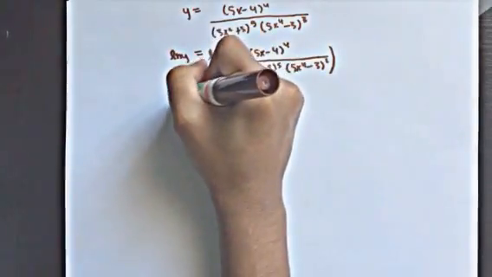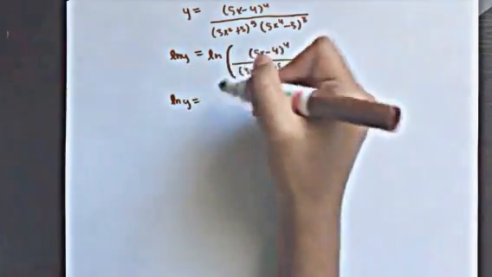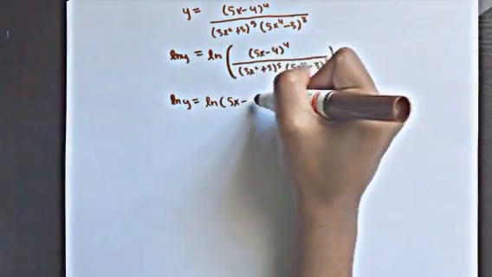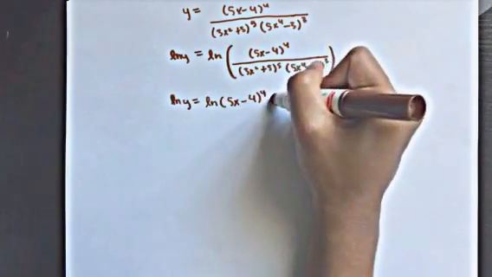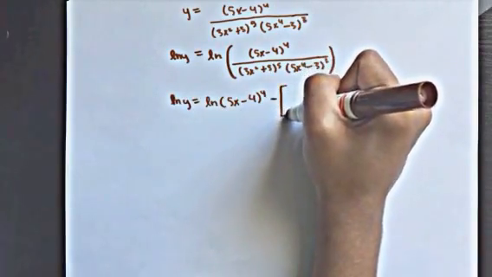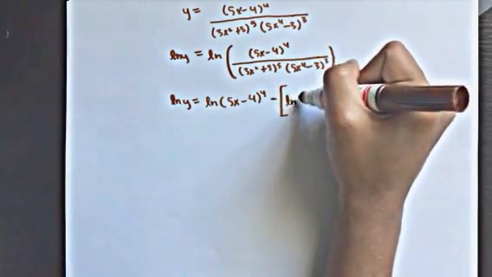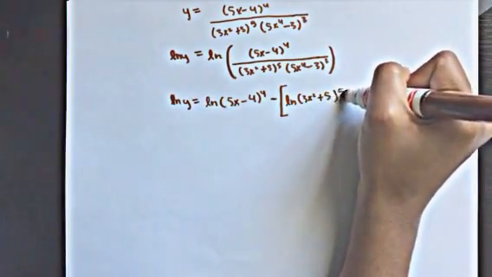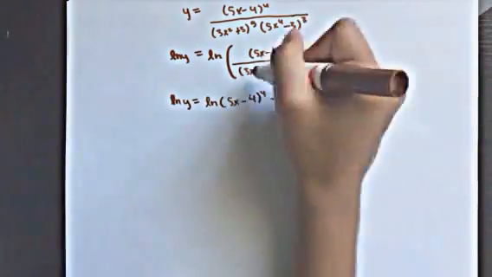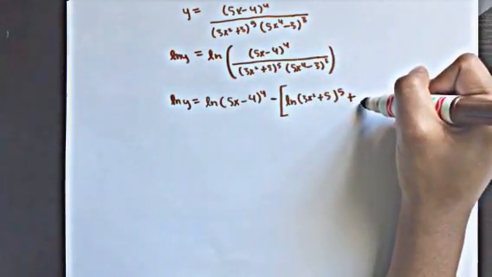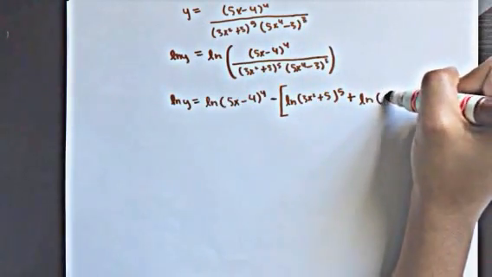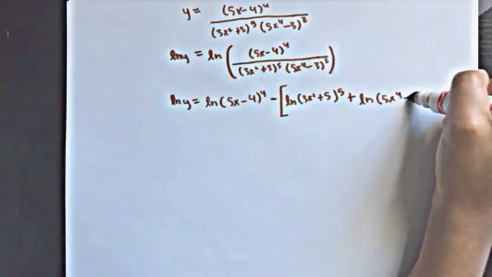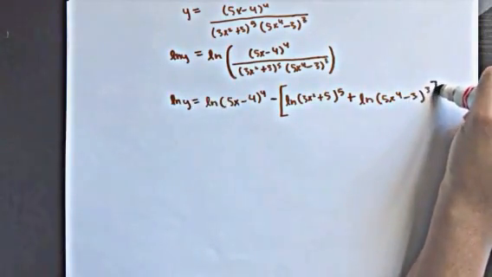So the natural log of y is going to equal the natural log of (5x minus 4) to the fourth minus, I'm going to put brackets and I'll explain why in a second, the natural log of (3x squared plus 5) to the fifth plus, because we're doing product rule for the denominator, the natural log of (5x to the fourth minus 3) to the third.